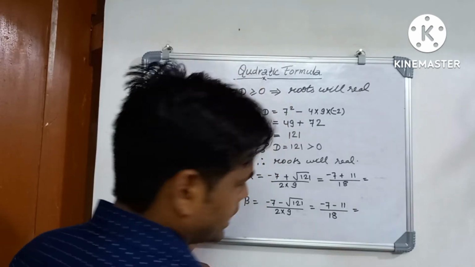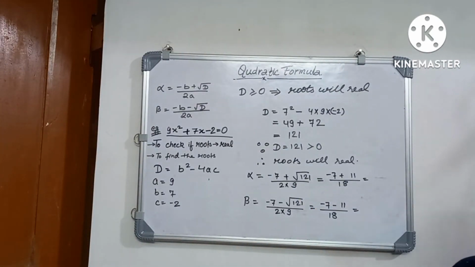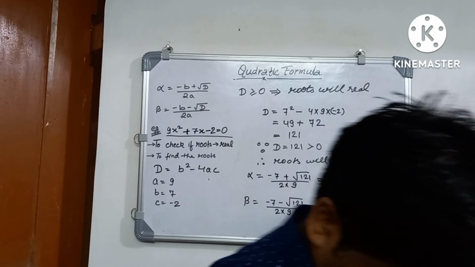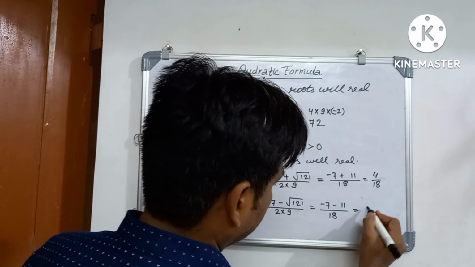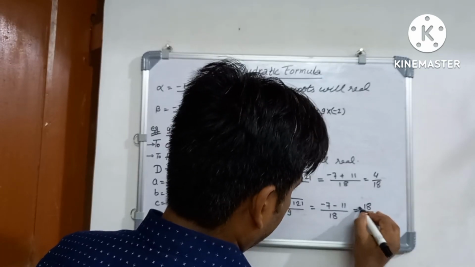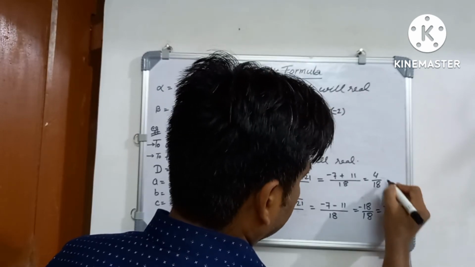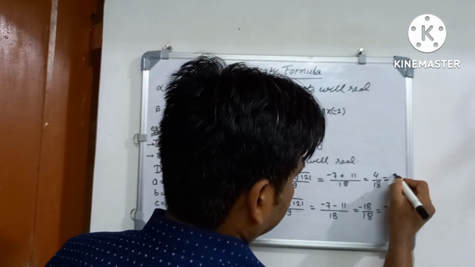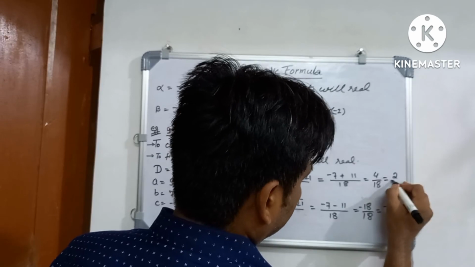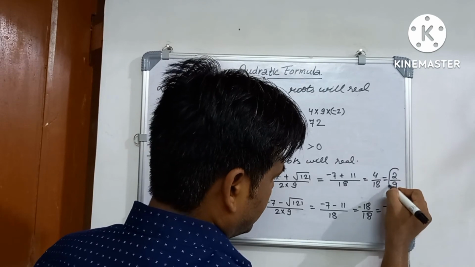Solving this, we get 4 upon 18, and this will be equal to minus 18 upon 18. So here we will get minus 1 as the value, and here we get the value 2 upon 9. So these two are the values that we are looking for.